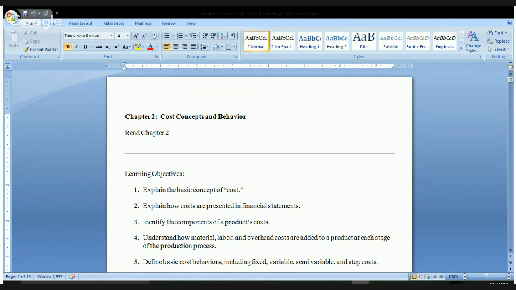The very first thing I did was I filled in what I knew. So in work in process, I know the beginning was $300. I know the end is $700. In finished goods, I know my beginning is $400. I know my ending is $900. And materials, I know my beginning is $500 and my ending is $1,500.